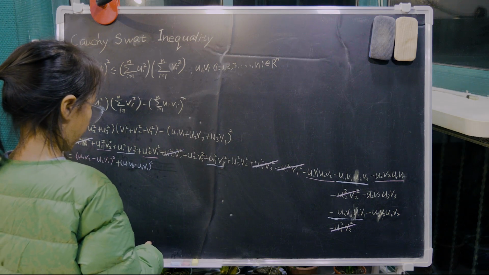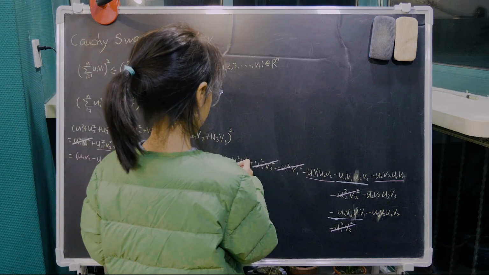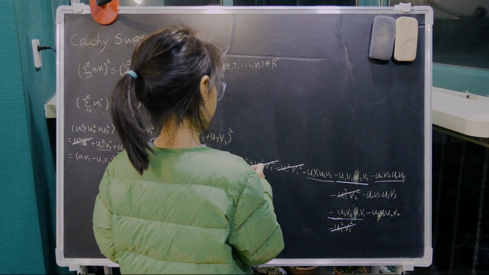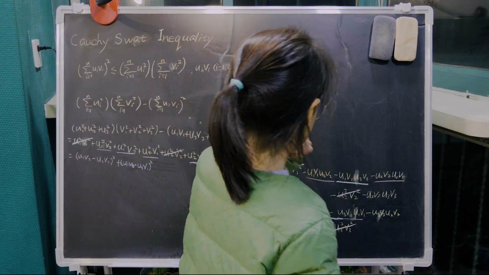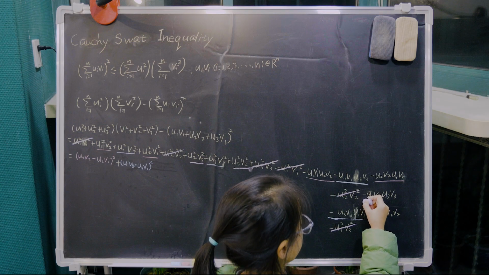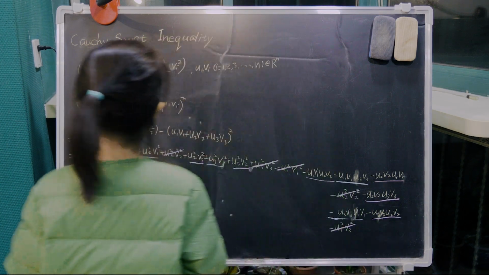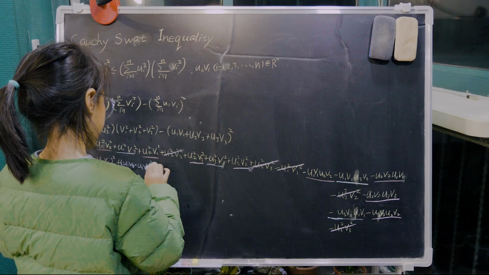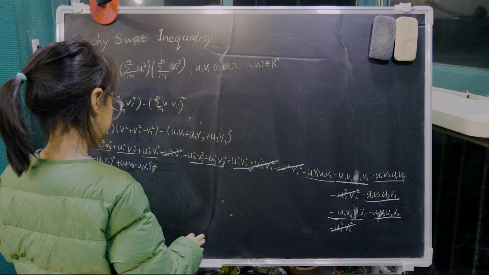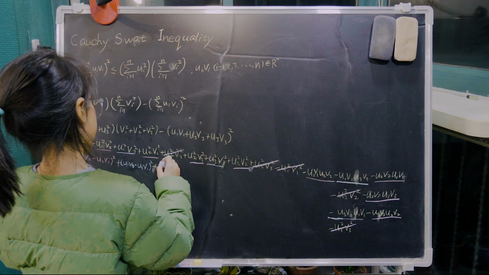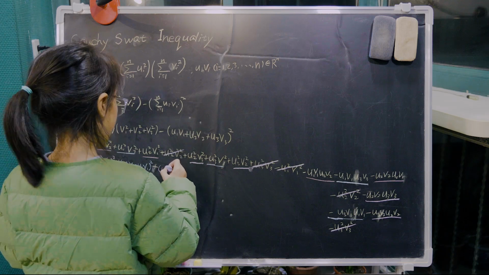And the last pair is 2, 3 and 3, 2. Yep, 3, 2. So what do we have now? Plus, here, not this color, plus bracket 2, 3.